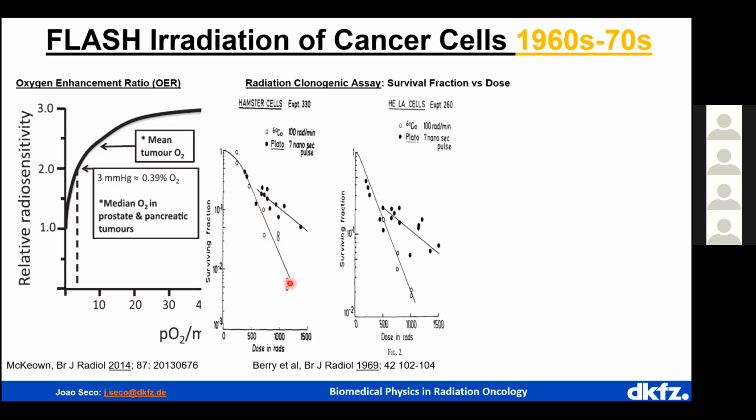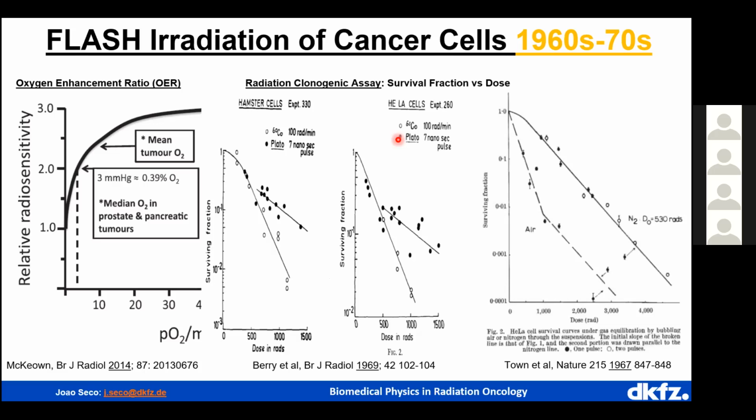So for the same dose, 10 gray, I kill 99% of the cells. In this case, here I only kill 90% of the cells. So it's a big difference. And the same thing was observed for HeLa cells. And the previous study by Town in 1967 saw that the behavior was as if the cells were behaving hypoxic.